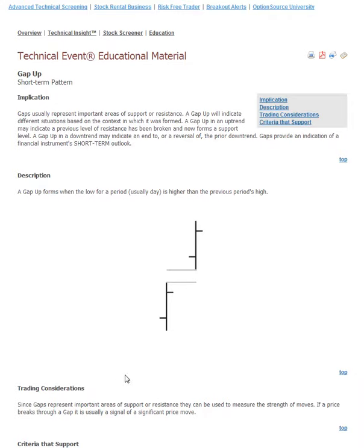So in essence, what you see here is a learning experience along with real-time, on-demand signal generation. This is the state-of-the-art software. Market Traders University is bringing it to you through OptionSource, and it's TAG, Technical Advisory Guidance System.